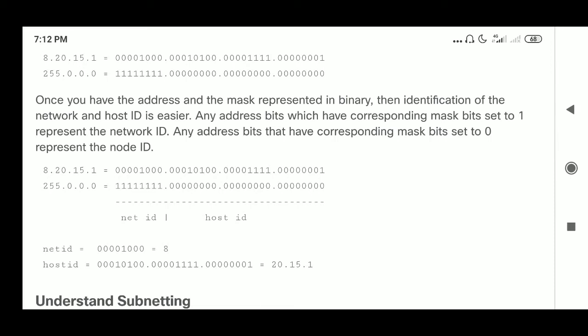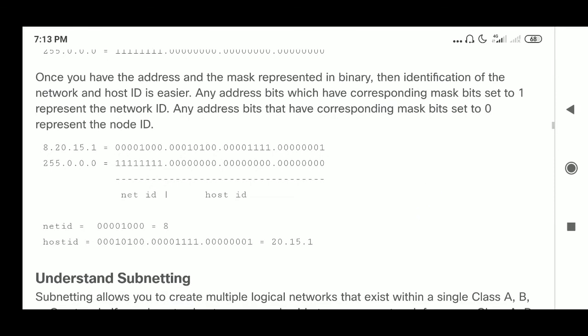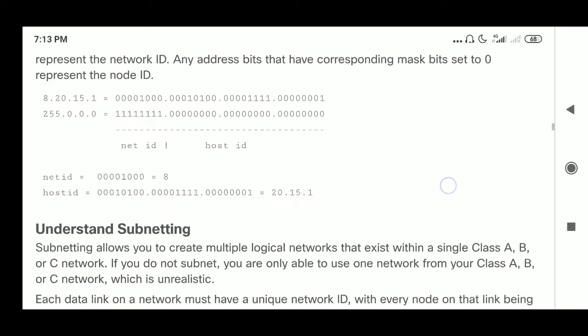So the network ID is 8.0.0.0, and the host ID is 8.20.15.1. This host ID is connected to the network ID 8.0.0.0 in the decimal values.